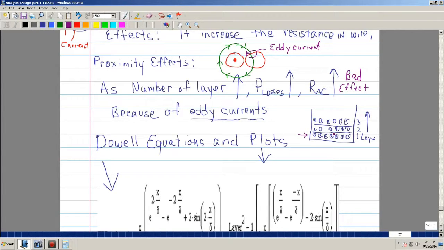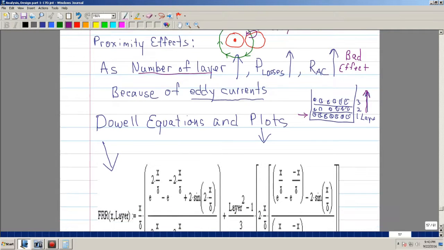Once you start stacking up like this, that's when you start having a lot of proximity effect losses. So as the number of layers builds up, your power losses are going to go up, and the AC resistance will also go up. Okay?